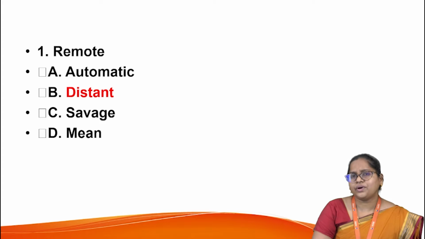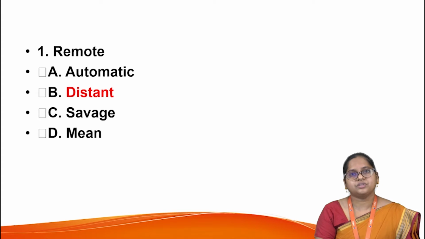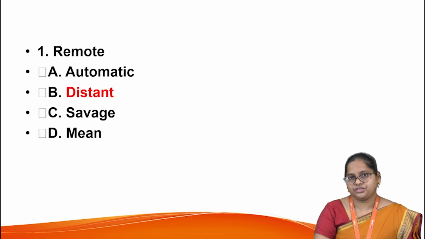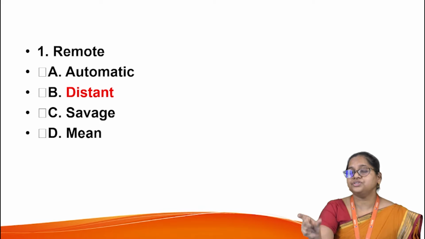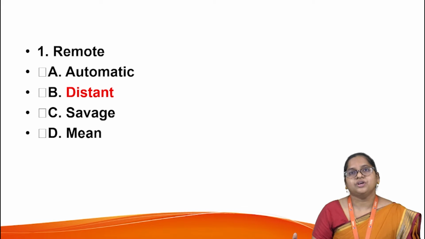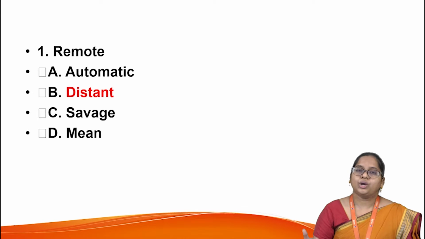If there is a question like this, sometimes they don't ask the entire question in the form of a sentence. Sometimes they'll just mention the word and then give various options, like MCQ-based multiple choice questions.